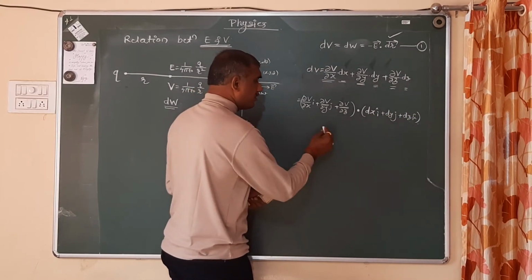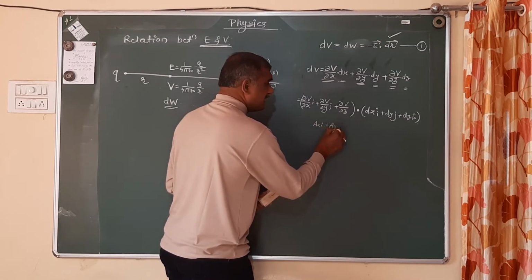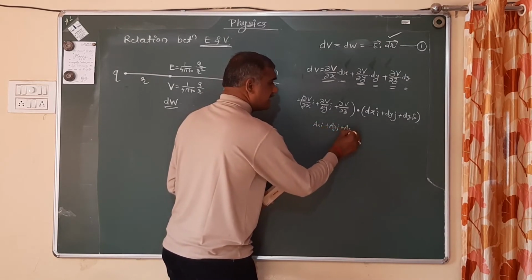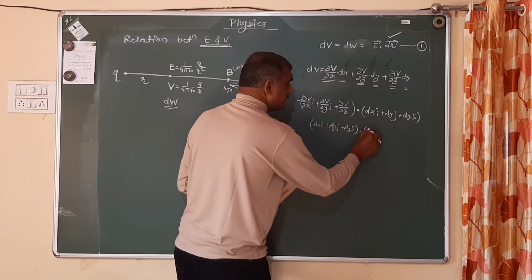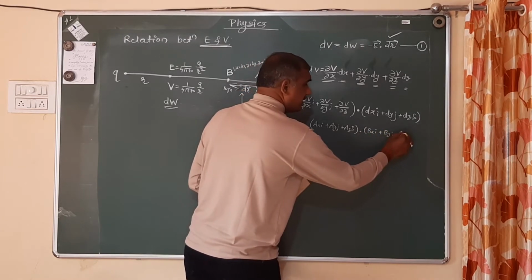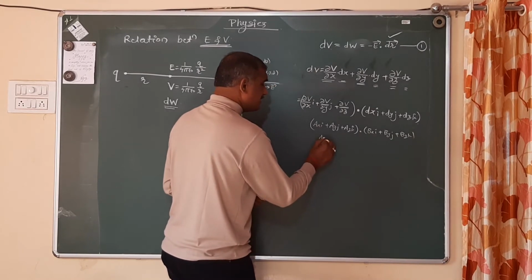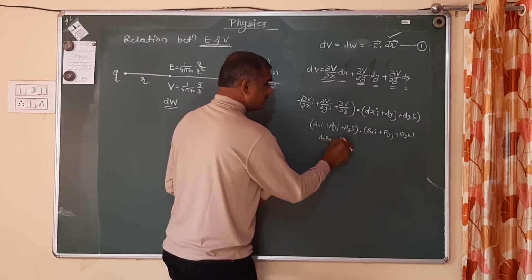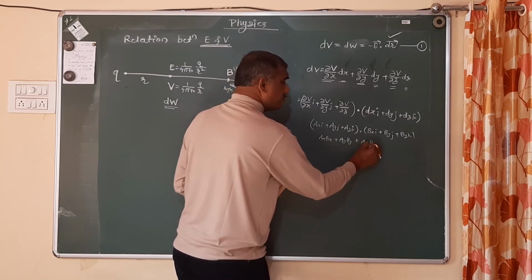Similarly, as we already studied in lower standards, take vector A equal to ax i plus ay j plus az k, and vector B equal to bx i plus by j plus bz k. If you take the dot product, then you can easily write ax into bx plus ay into by plus az into bz.